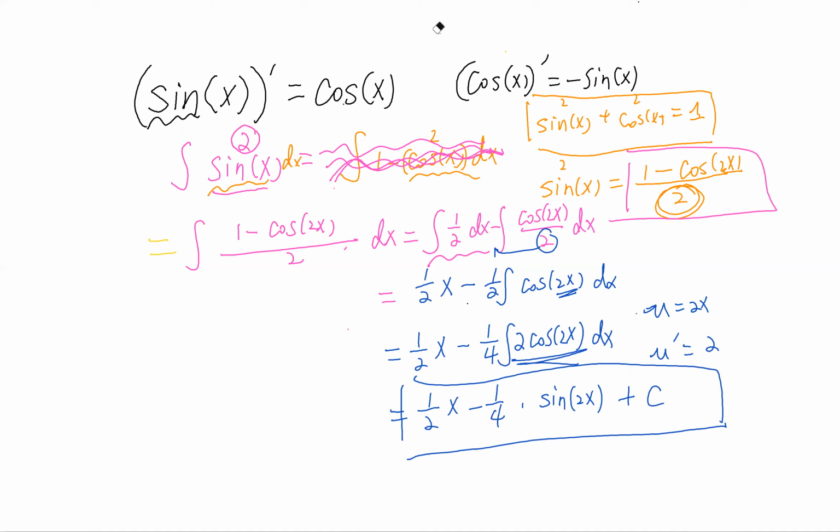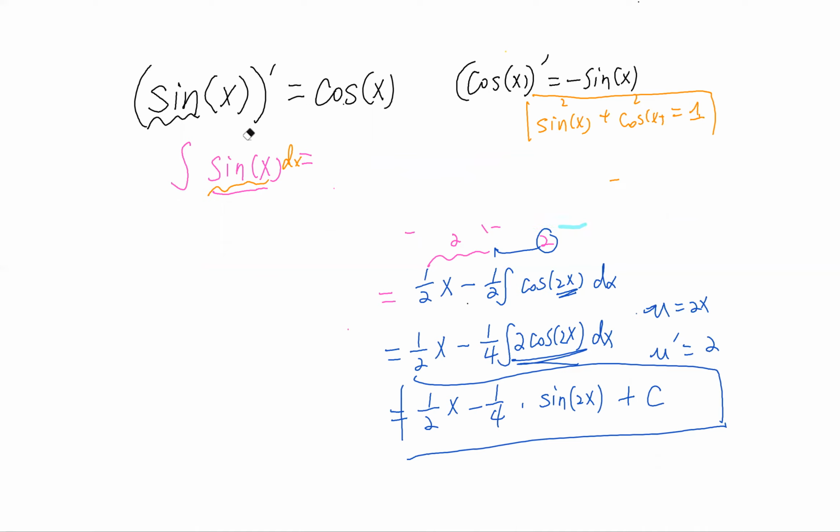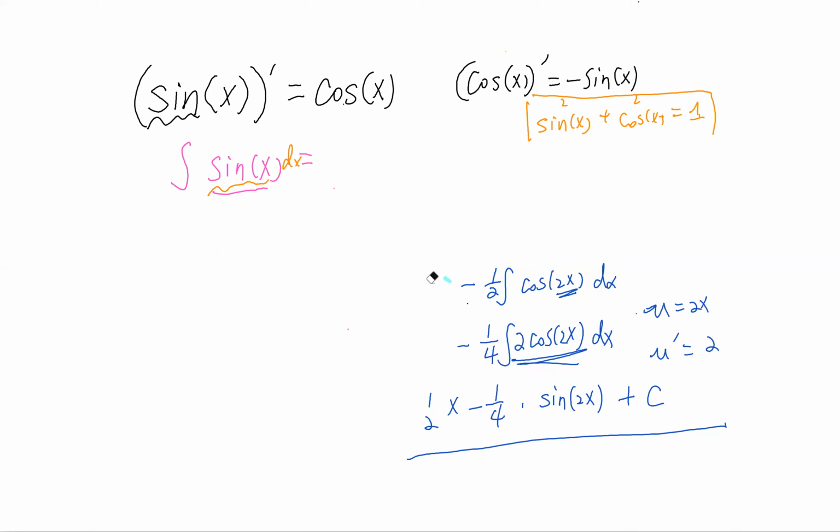If everybody is fine, now let's move on to sine to the third. No matter which method we start to think about, we first have to think, okay, does the u prime work?